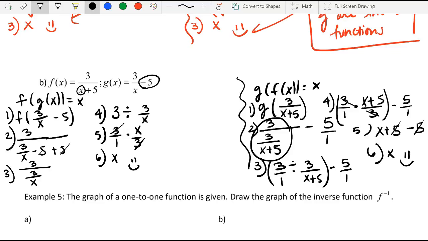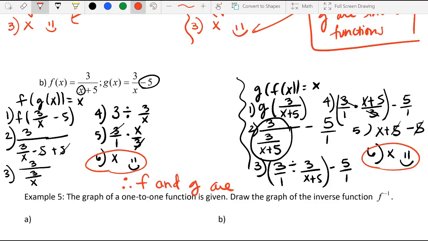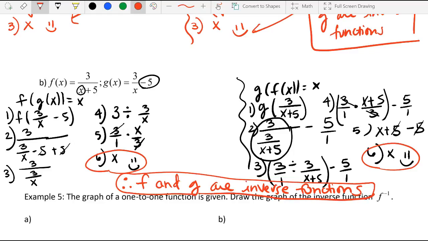Okay. So what is my statement? My statement is because they both came out to be x's, therefore f and g are inverse functions. Now, we need to go back and state what we need to exclude from each function.